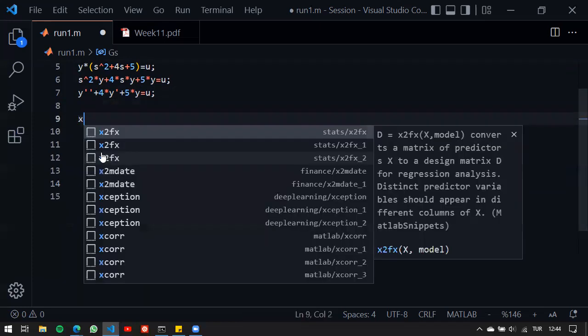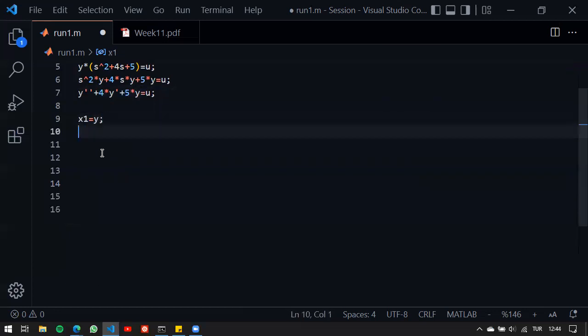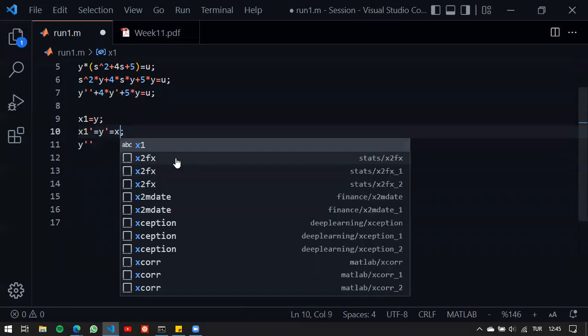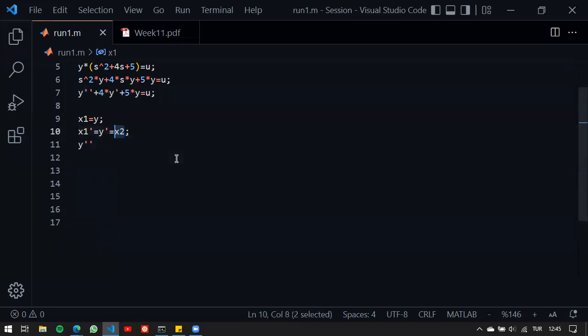In order to do that, we can start with defining y as an unknown parameter, x1, and look at the derivative. x1 derivative is equal to y derivative. But I don't want to have this first order derivative, because there is another derivative here, y double prime. So I'll introduce a new variable, x2.